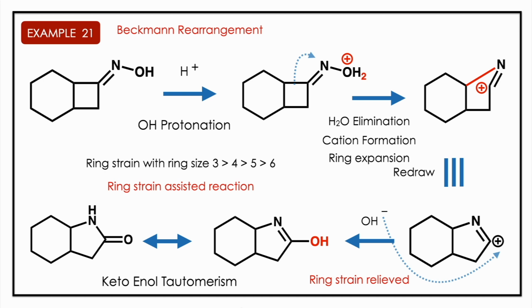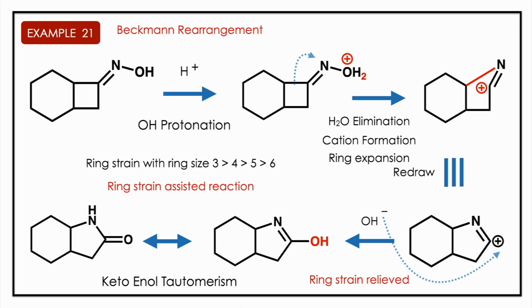Since the ring is very strained, the ring tries to open and assist the H2O elimination. Even though no trans group is there, due to the ring strain, ring opening itself promotes the rearrangement. Ring opening means H2O is eliminated. You have a cation on the carbon. If you look at it nicely, you can see the 4-member ring becomes a 5-member ring with the cation formation.